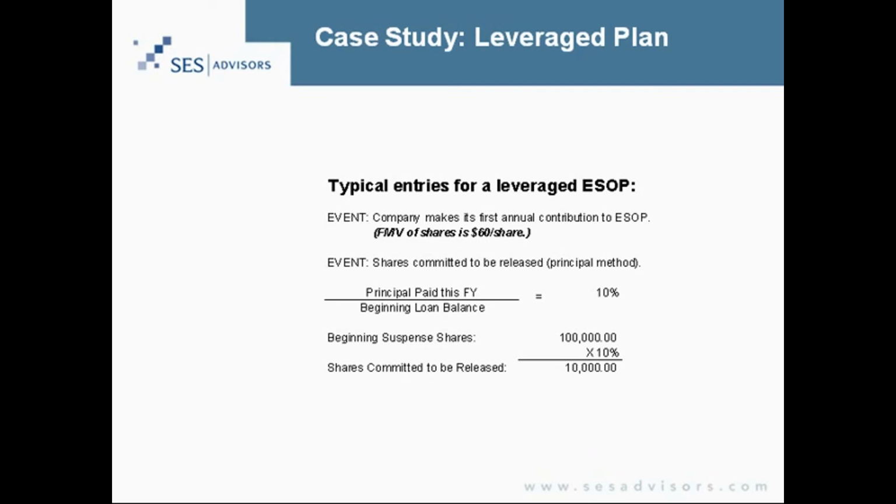Another concept here is, of course, the drop in the value of the shares in this case. Most leveraged ESOP companies, particularly privately held companies that are evaluated by an independent appraiser, are valued on a discounted cash flow basis. And of course, a discounted cash flow basis deducts debt.